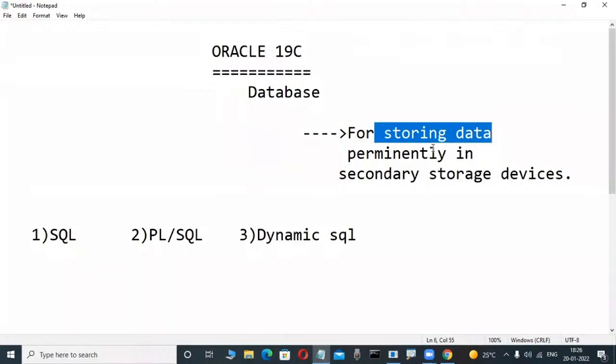Not only storing data, so many things are there. Databases are not only for storing data, but also efficient retrieval of data is important. Suppose, for example, a screen, observe it.